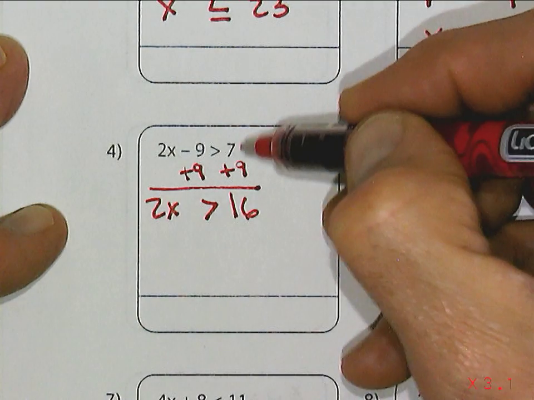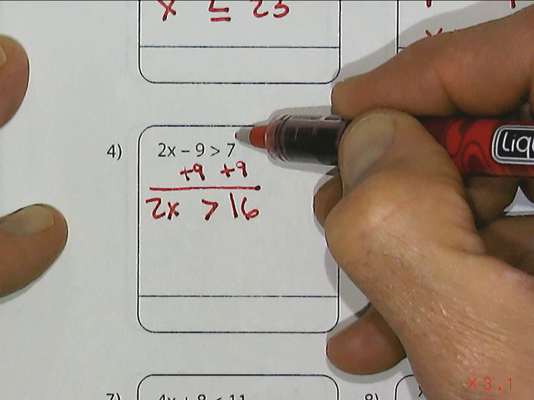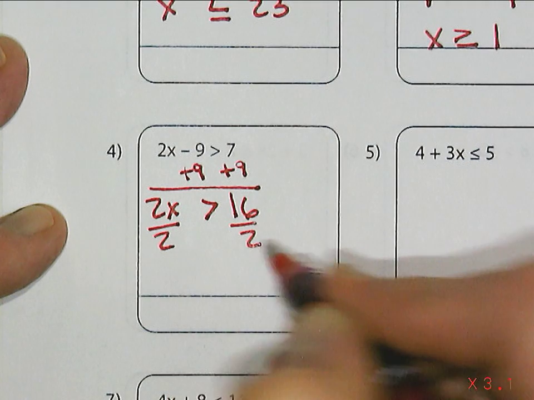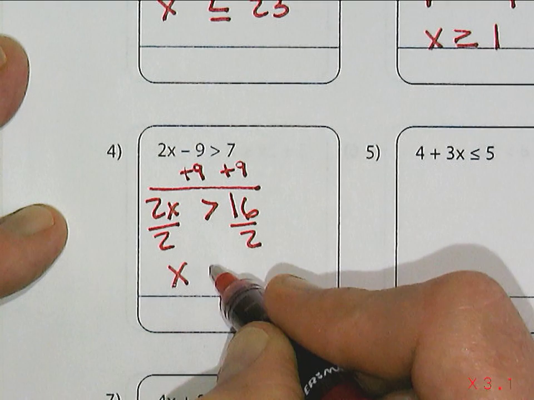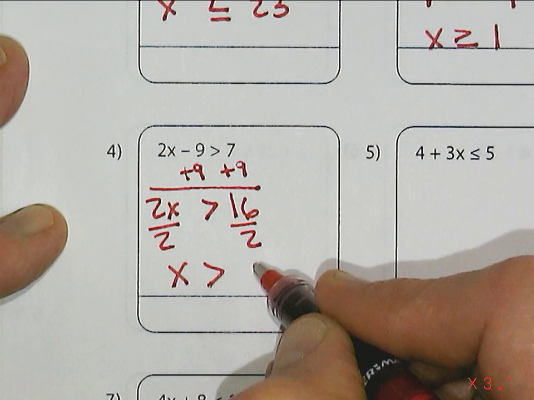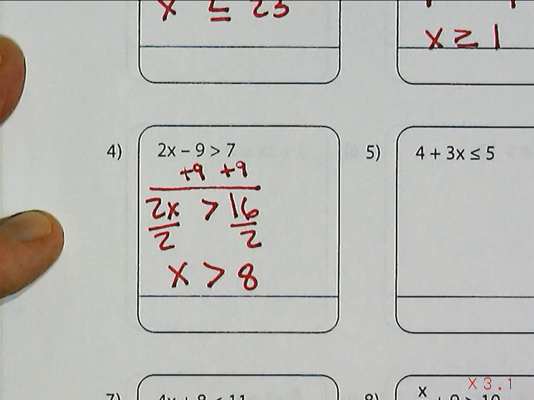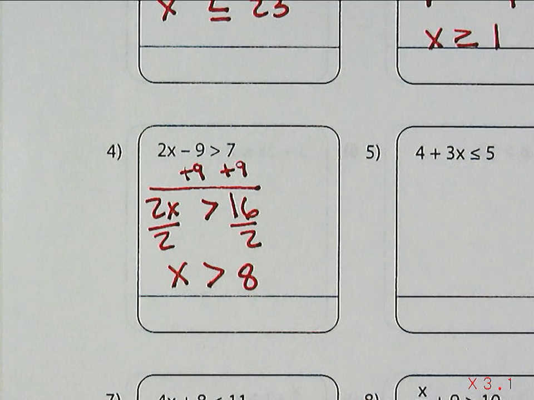So I'm just combining those, positive 9 and positive 7. Dividing both sides by 2, so x is greater than 16 divided by 2, which is 8. So again, a fairly simple example.